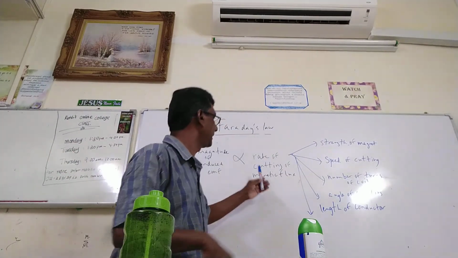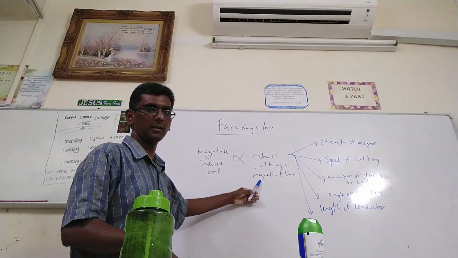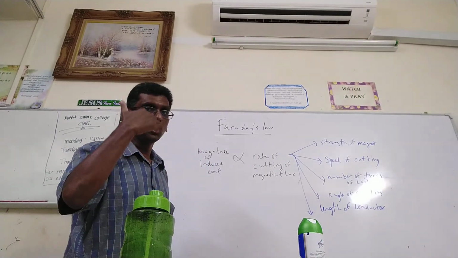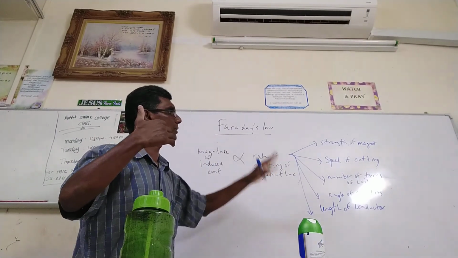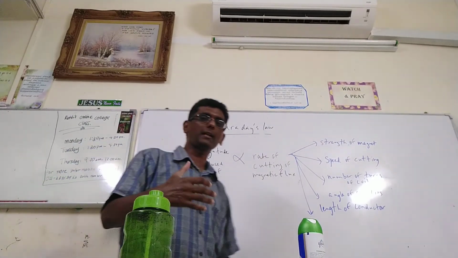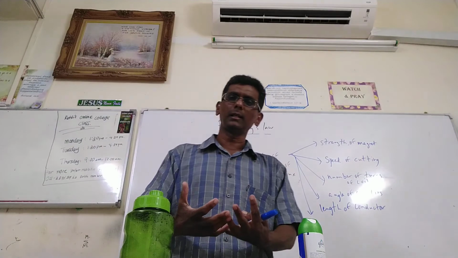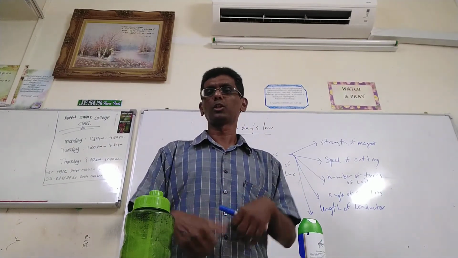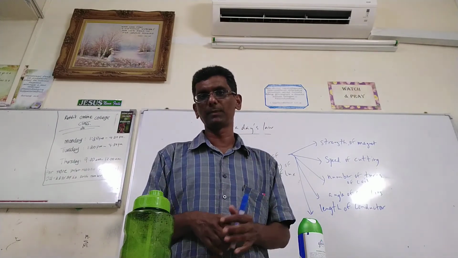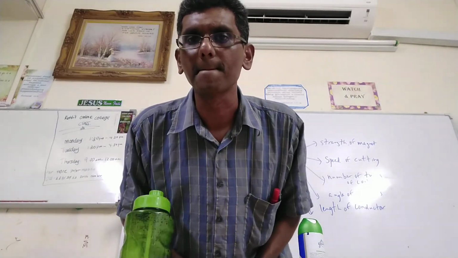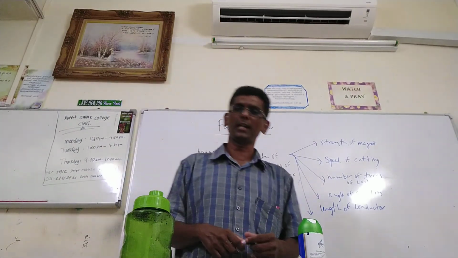That is called the rate of cutting of magnetic flux. The induced EMF is directly proportional, so a strong magnet produces a higher voltage.